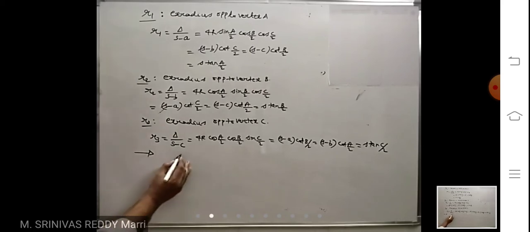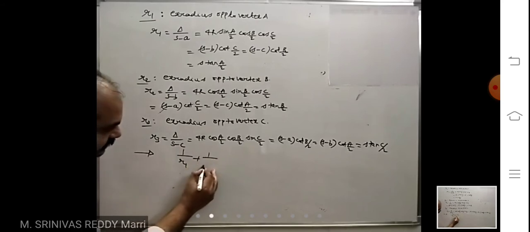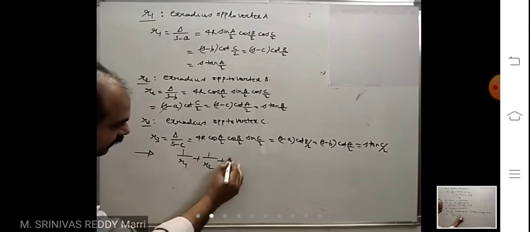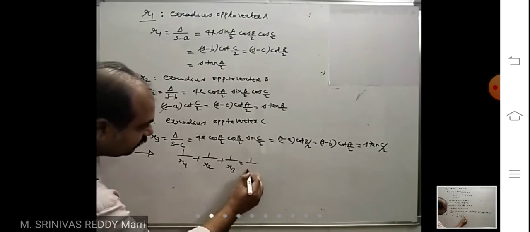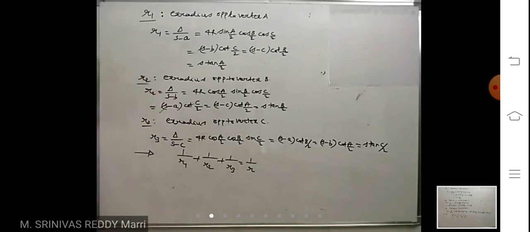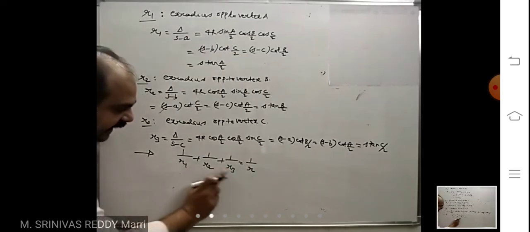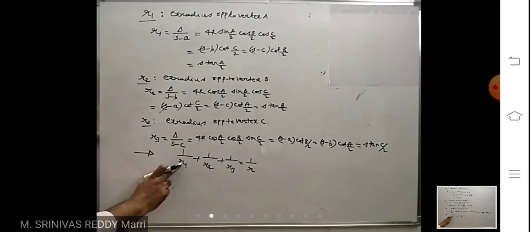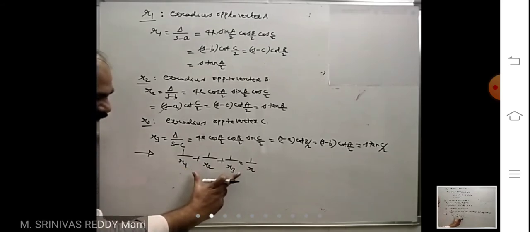Now look at some results. 1 by R1 plus 1 by R2 plus 1 by R3 equals 1 by R. Here R is the inradius, and these three are exradii. If you know R1, R2, R3, then R can be calculated using this formula.